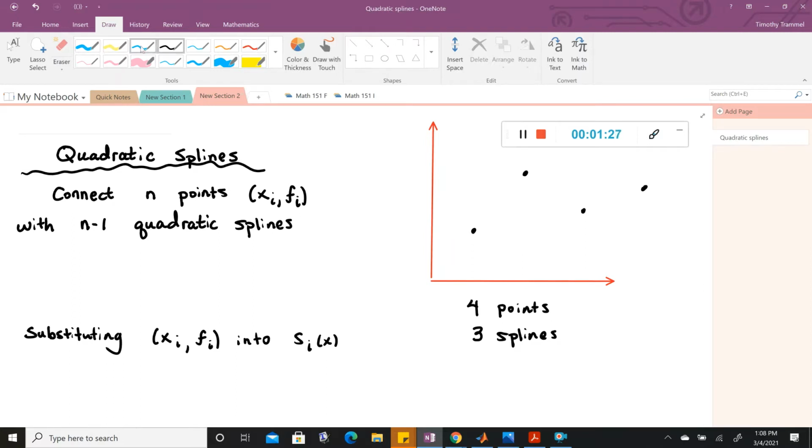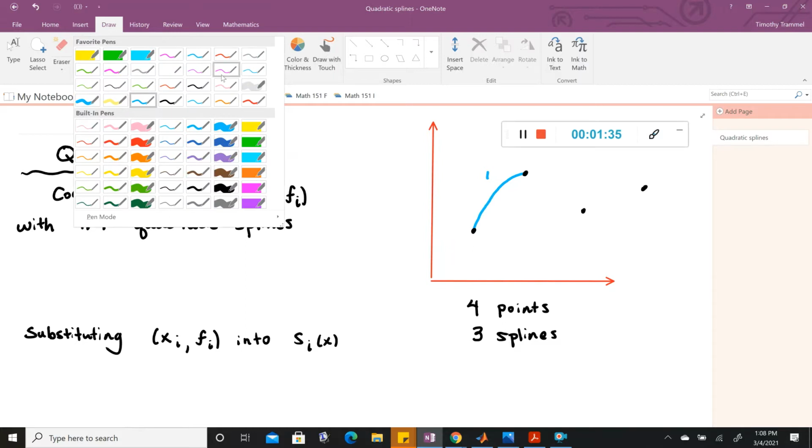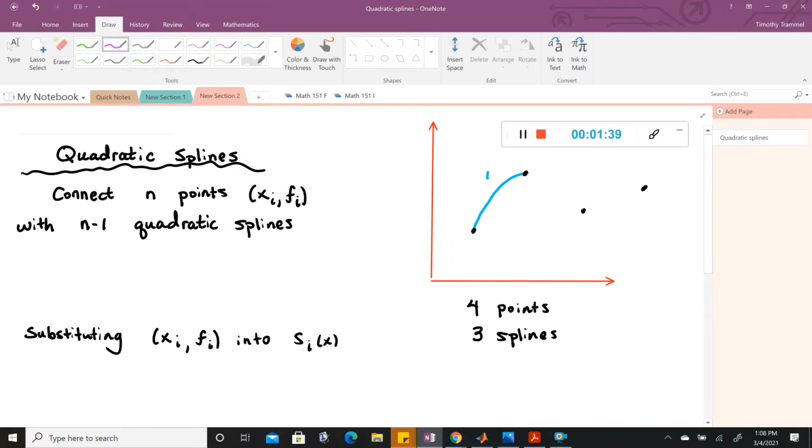Let's go ahead and connect the first 2 points. Let's connect the next 2. And then on to the last one here.